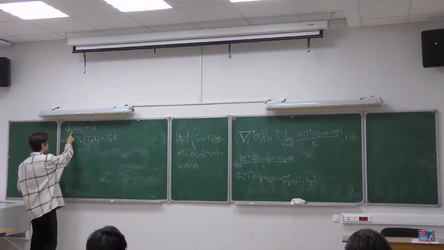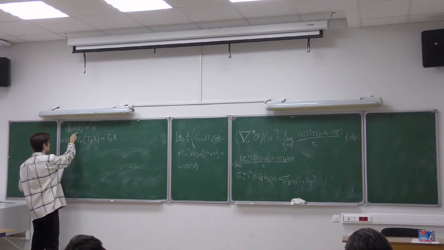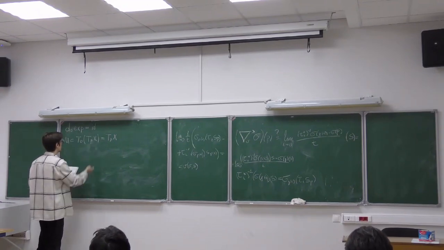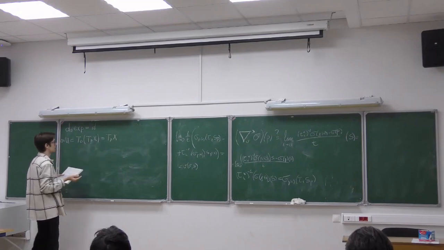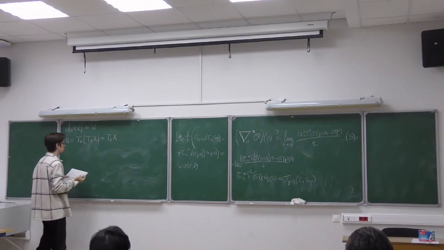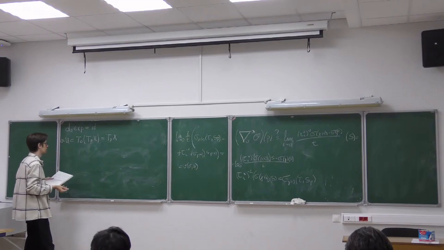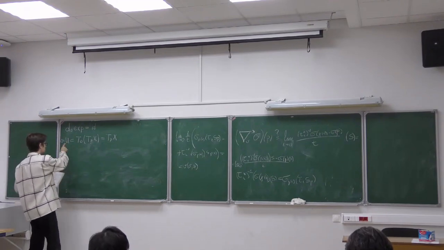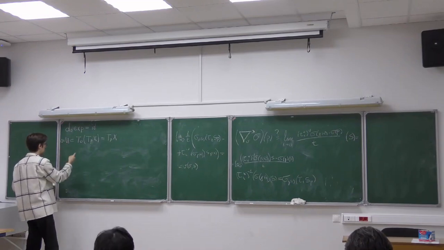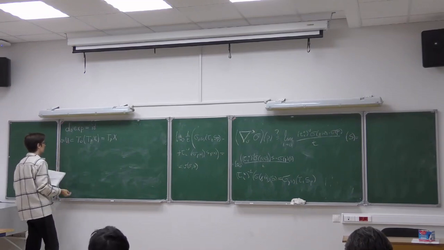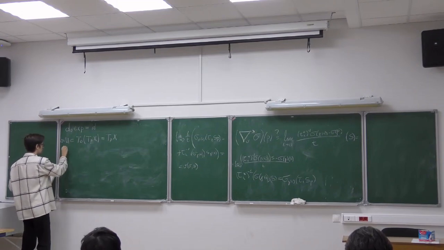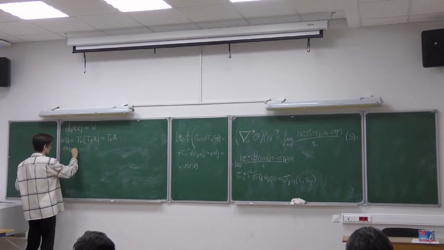So if at 0 this differential is the identity, it can be not just the identity, but some non-degenerate map of full rank. That means in some neighborhood of 0, the exponent has full rank.